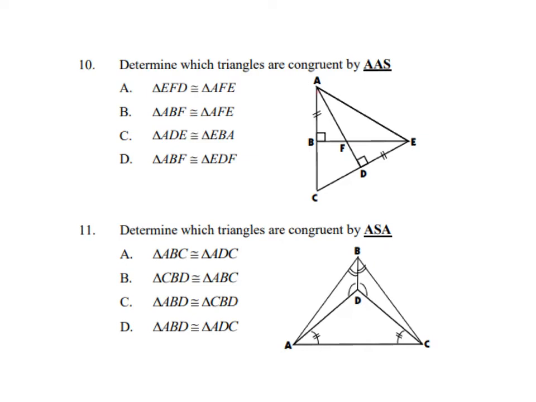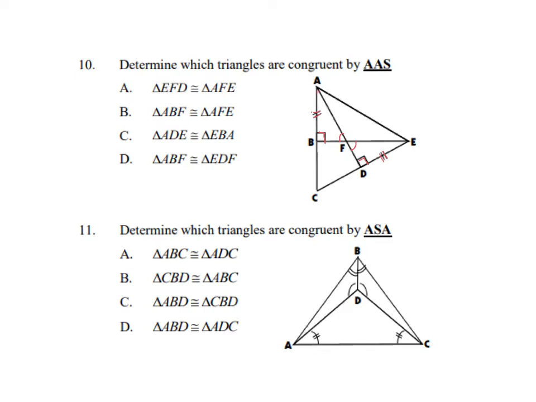And so if we look at the given information, we see that we have a right angle here, a right angle here. We have sides here. And then what we could notice is that we have vertical angles here.